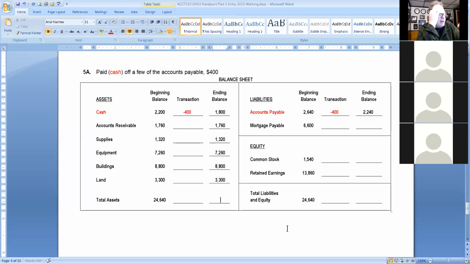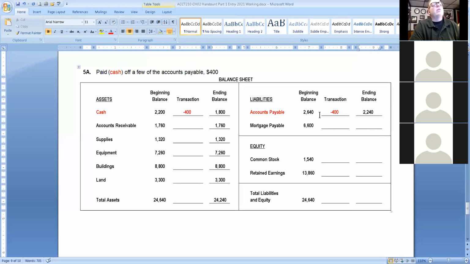Now this side should be $400 less, so this would be 24,240. Better check that. Okay, $24,240.